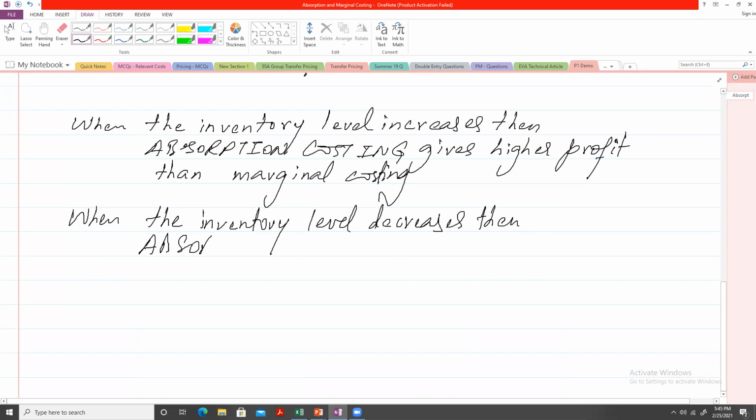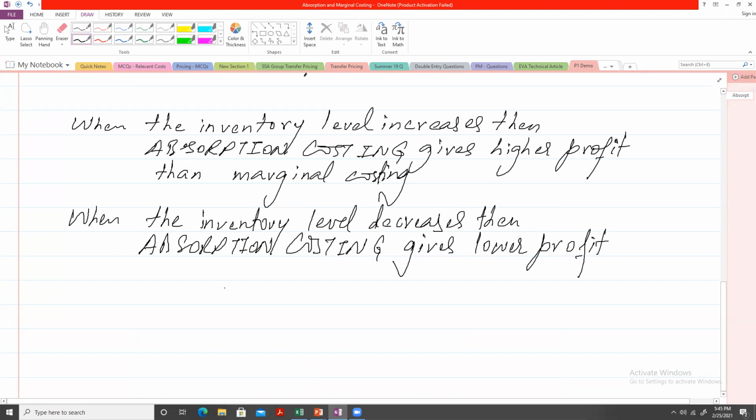Absorption costing gives lower profit than marginal costing.